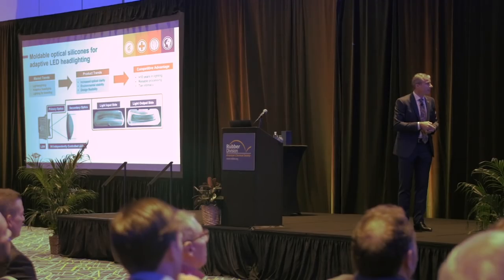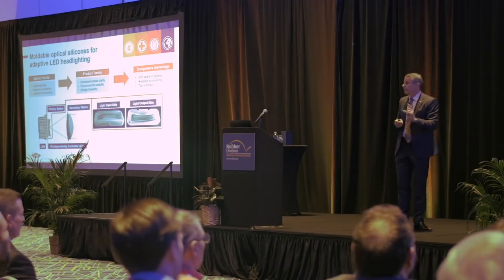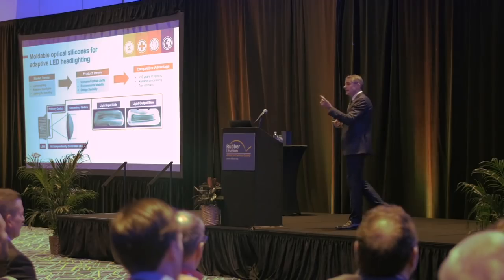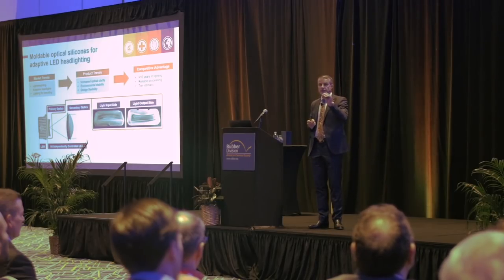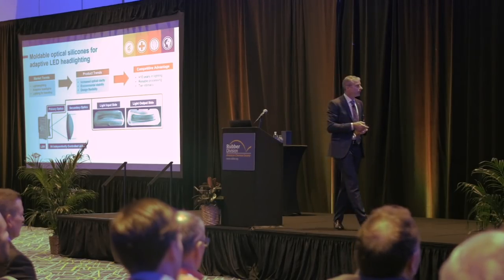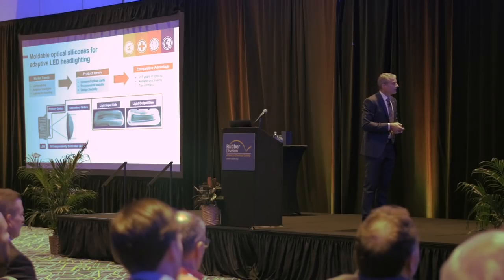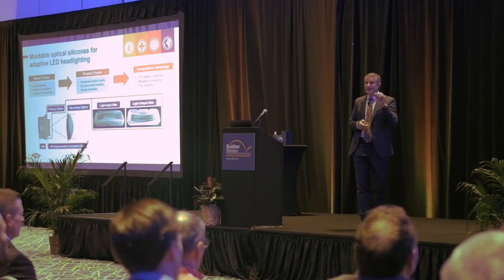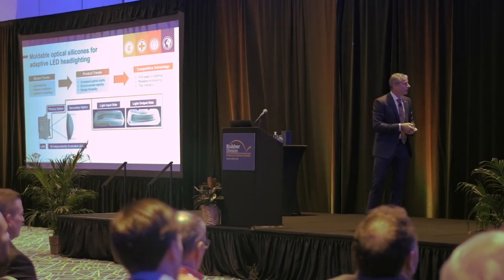But behind it is actually an array of 84 independently controllable LED chips. And they're connected via 84 different light pipes into a lens assembly that's kind of curved here. So you can see the front of this.